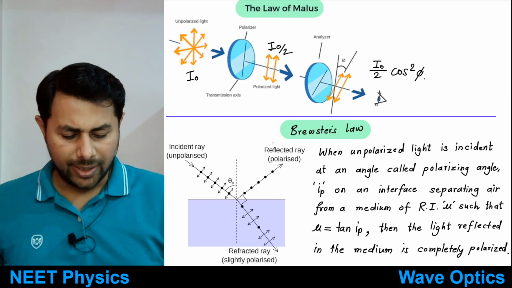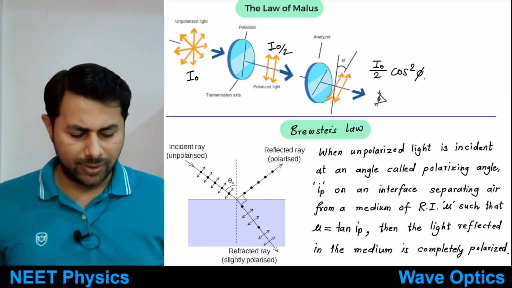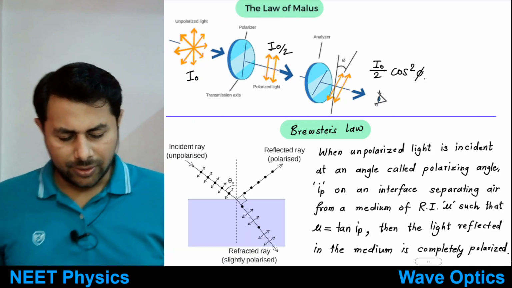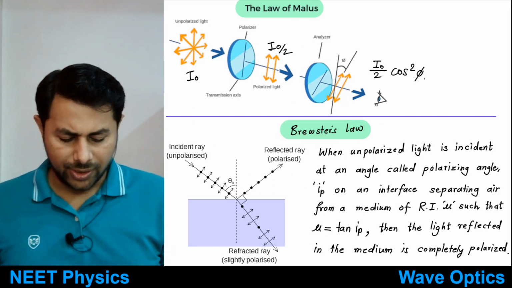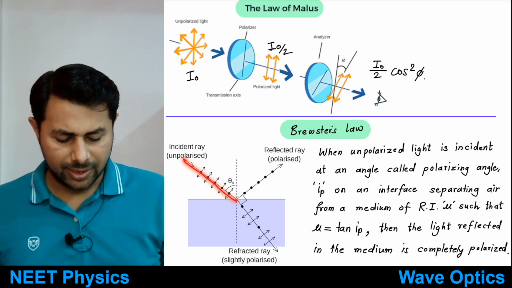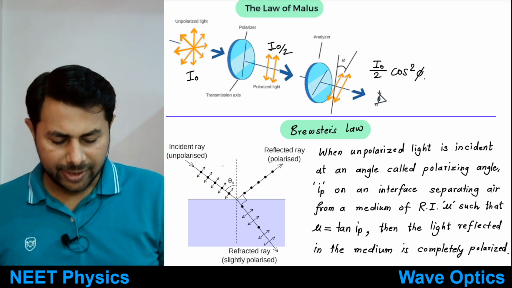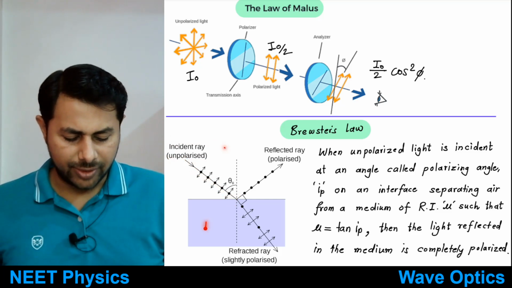Next is Brewster's law, another law related to polarization. Suppose this is incident unpolarized light, completely unpolarized, and it passes from a rarer medium to a denser medium.